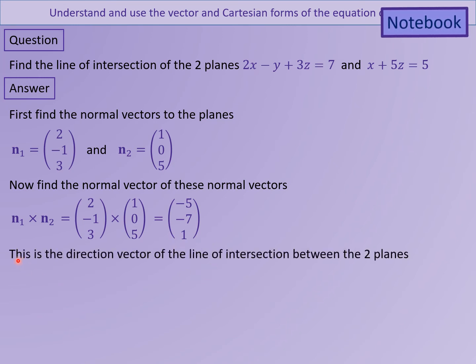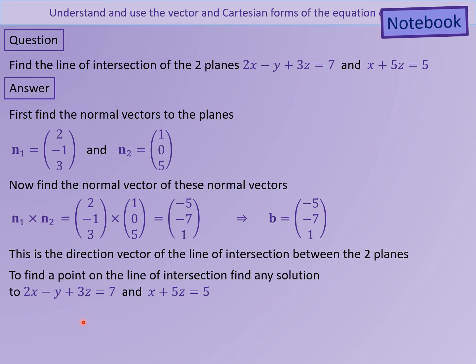Now what's important is that the direction of the line of intersection of these two planes is exactly the same as the normal of the normals. So that is my b value, just there. Now if I can find an a value, I can then write the equation of the line of intersection in the form a plus lambda b.